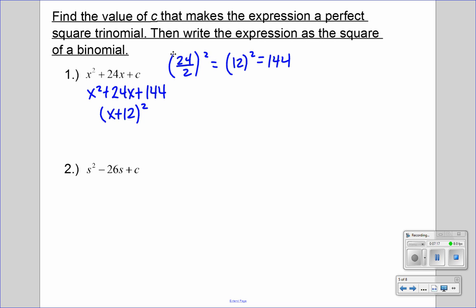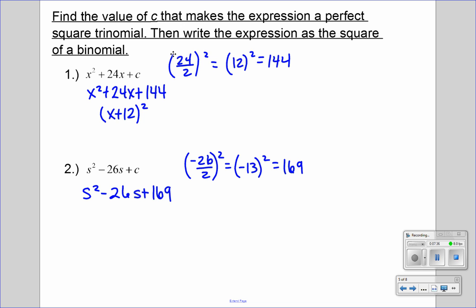Our last one, we have a negative 26 as our b value. Divide that by 2, we get negative 13 squared, which is 169. So this is s squared minus 26s plus 169. We rewrite that as (s - 13) squared. And that hint of using the number inside the parentheses really does speed things up.